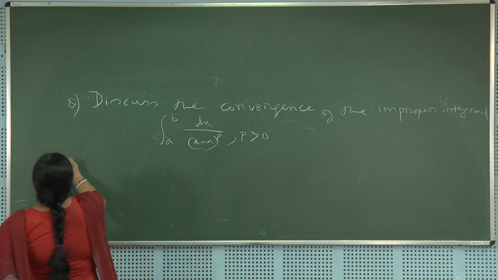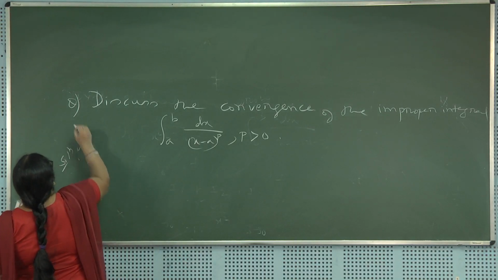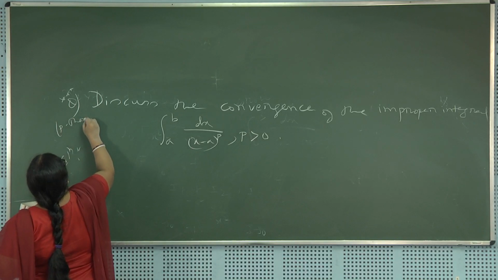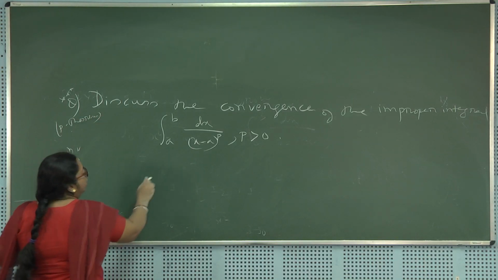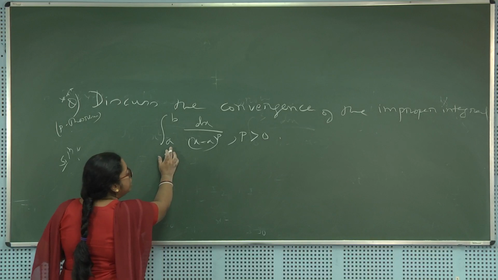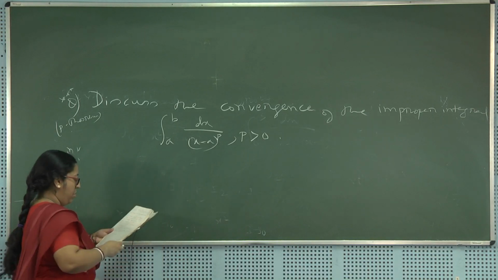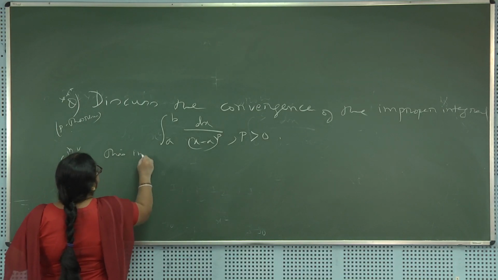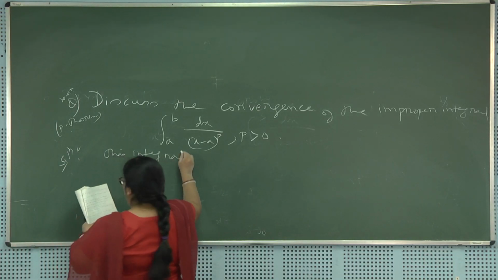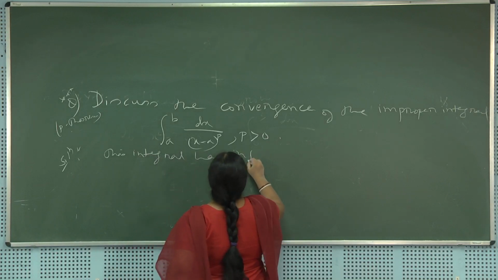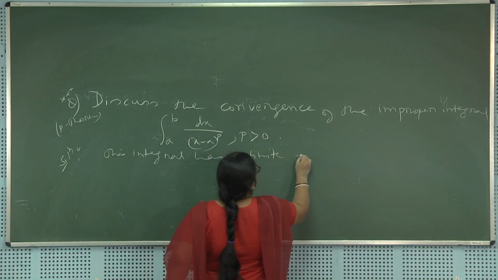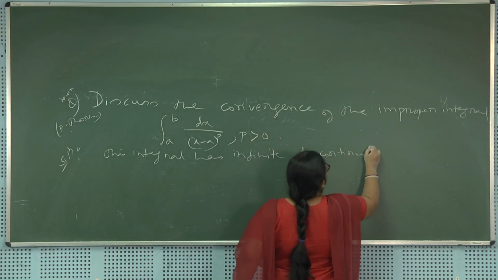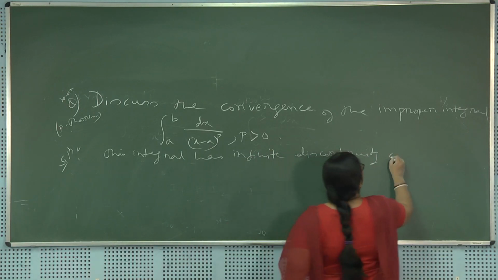So, solution. It is also called the p theorem for the second kind, when the point of discontinuity is at the lower limit. So, this integral has an infinite discontinuity at x equal to a, that is the lower limit.